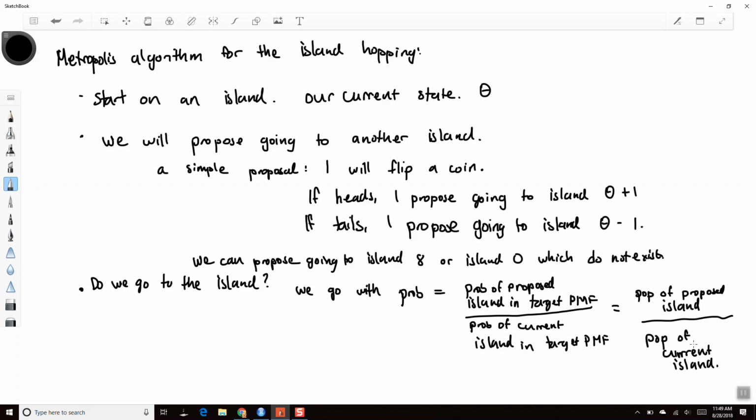One thing about using the population rather than the probability is that the probabilities have a normalizing constant. We put 1 over 28, 2 over 28, and things like that, so that the whole thing adds up to 1. Okay? If we just use the population, we don't actually have to calculate that normalizing constant of 28 in the bottom. We can just say the population is an island of 1,000, island of 2,000, island of 7,000, or something like that.